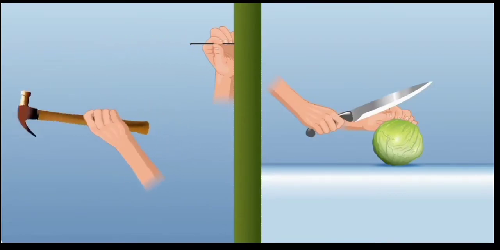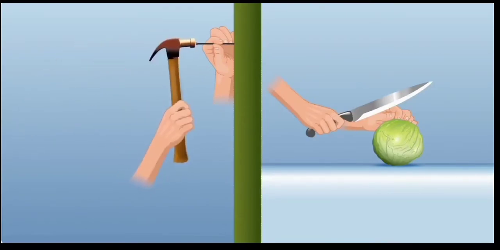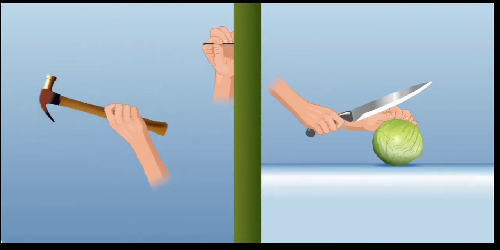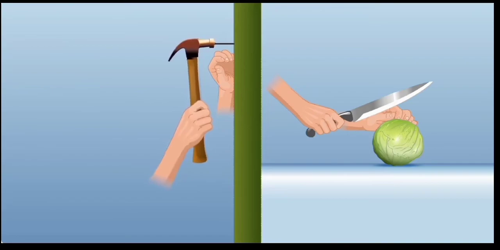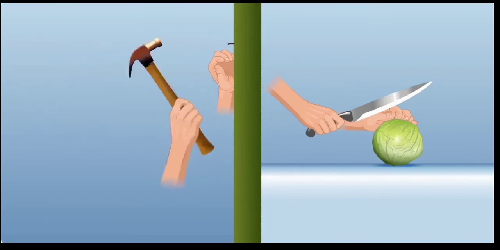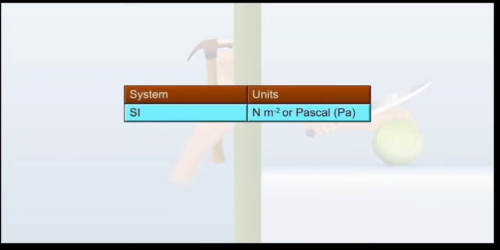Therefore, while driving the nail into the wall, the pressure on the pointed tip of the nail is more due to thrust applied by the hammer, which helps to drive the nail into the wall. Pressure is measured in Newton per meter square, or Pascal, denoted by Pa in the SI system.